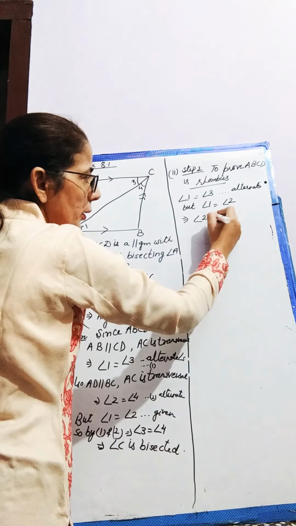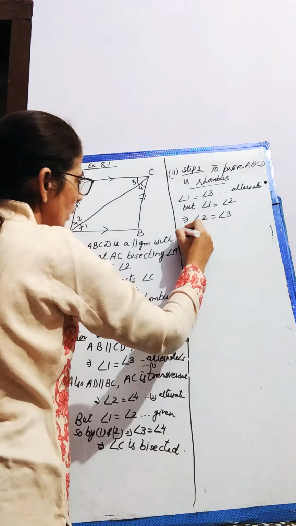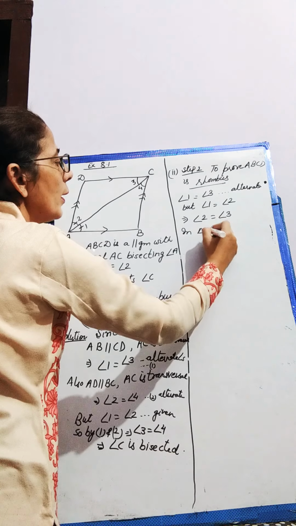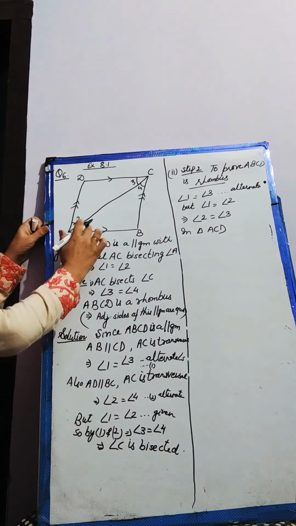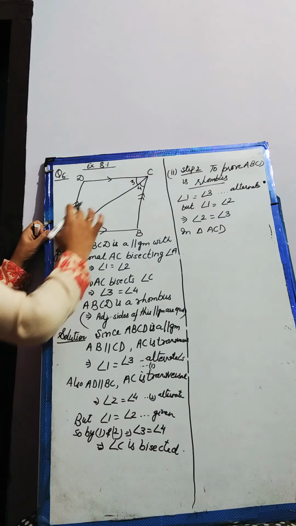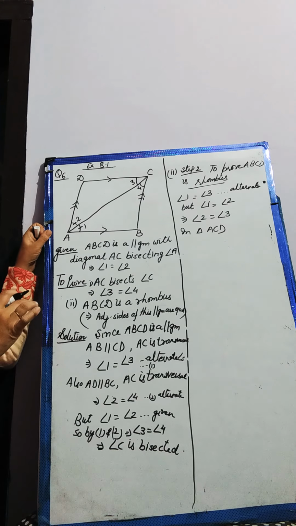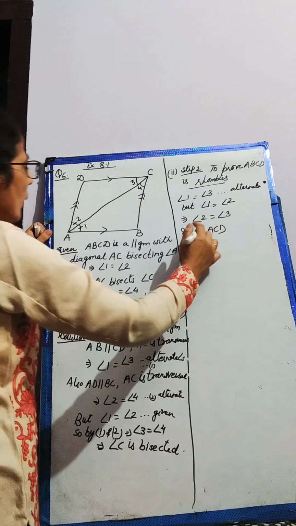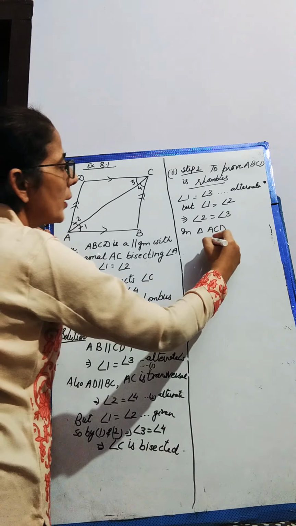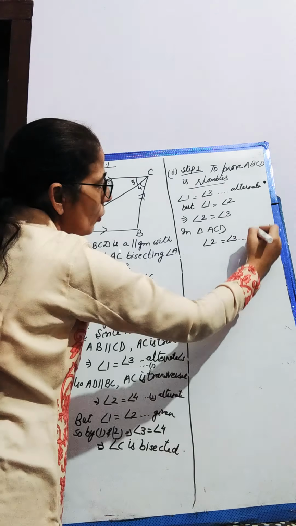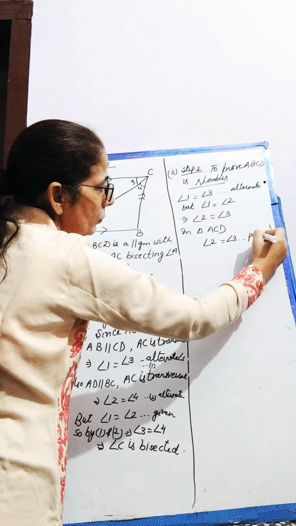This means angle 2 is equal to angle 3. In triangle ACD, angle 2 is equal to angle 3. This is just now proved above.